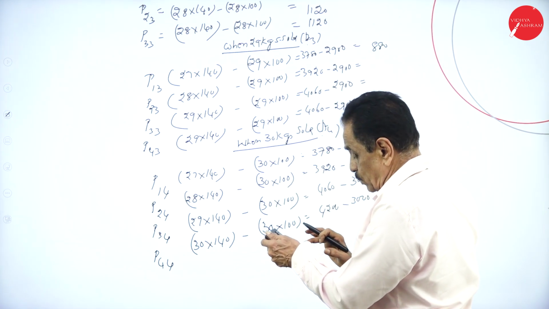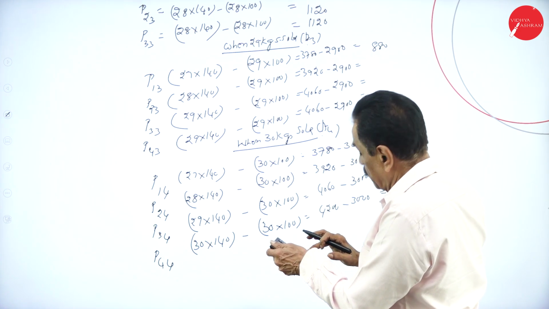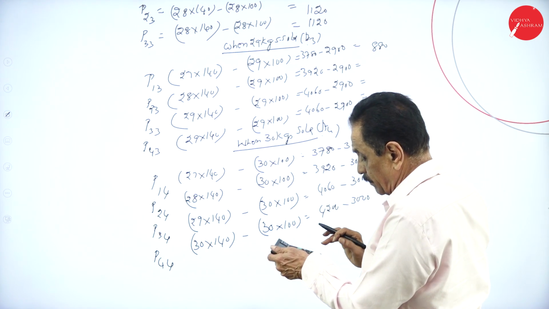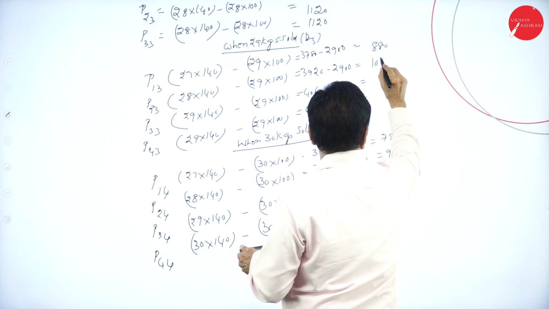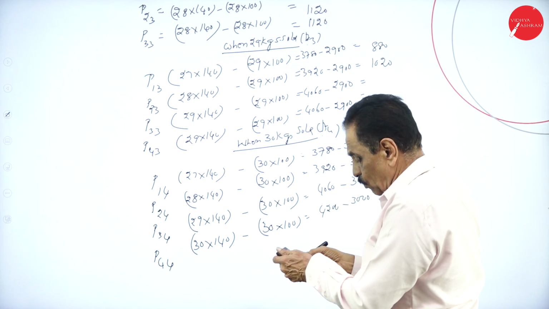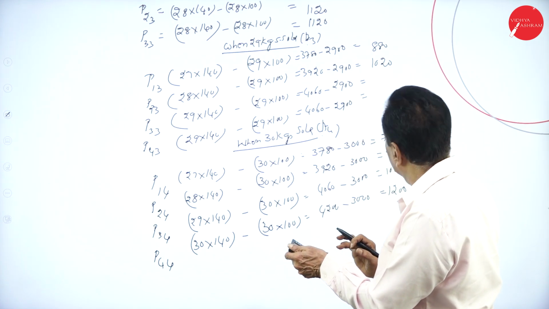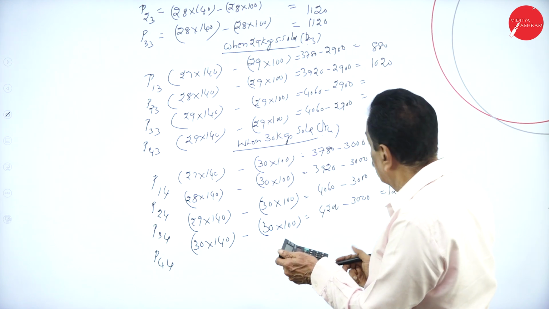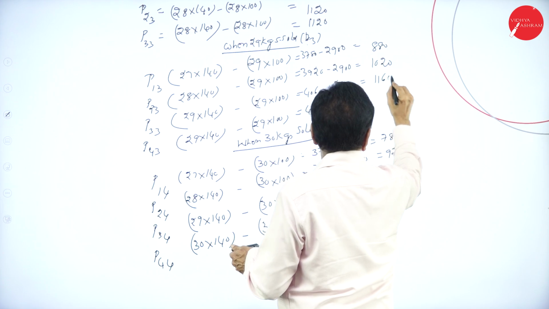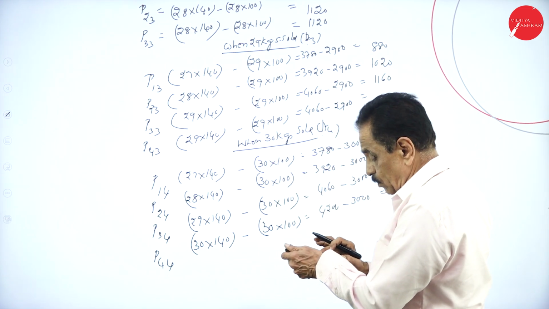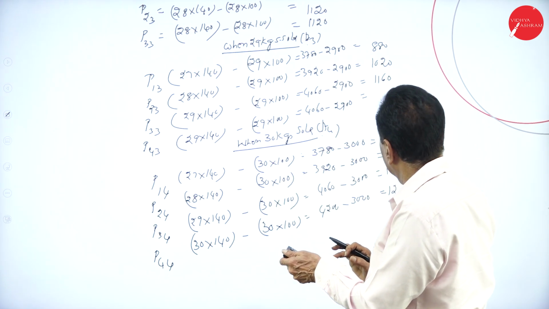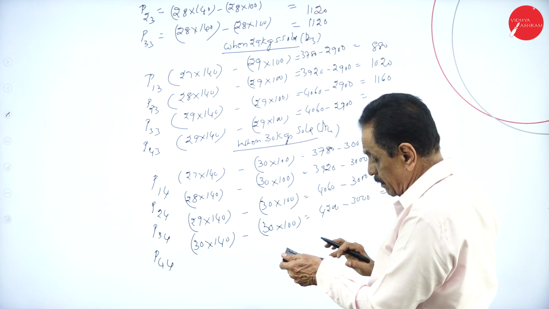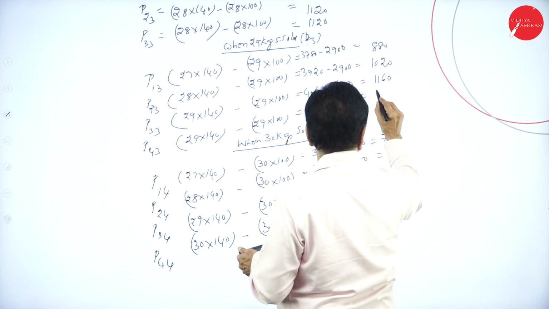Then 3920 minus 2900, 1020, 4060 minus 2900, 1160, 4060 minus 2900, 1160.